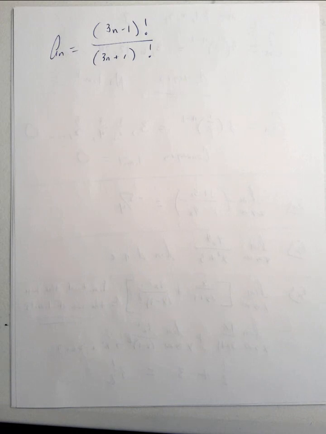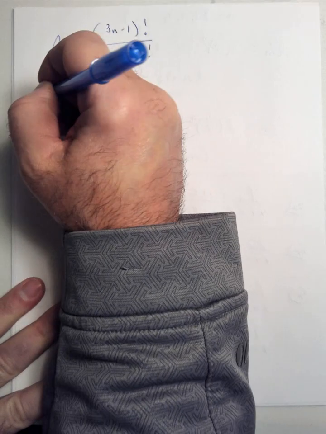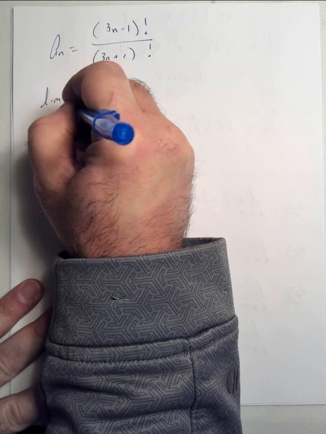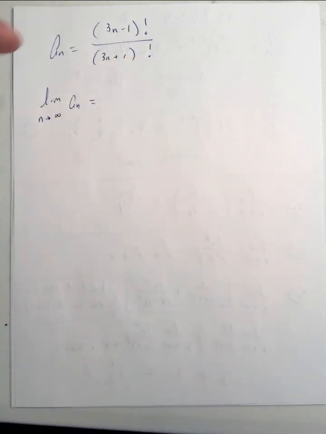All right, so do you remember simplifying these? For us to be able to determine the limit at infinity, as n approaches infinity, we need to make sure that we know what the degrees are, top and bottom.